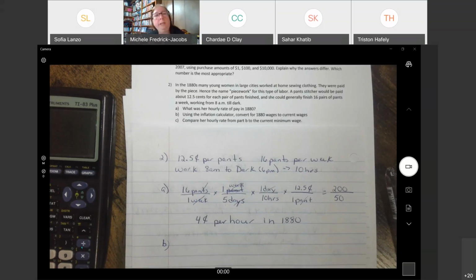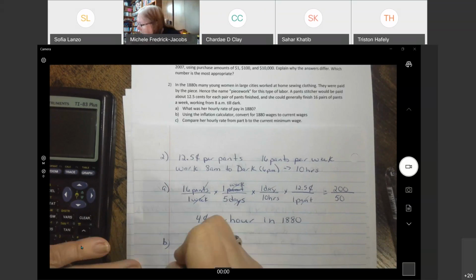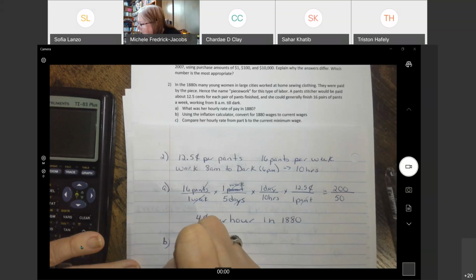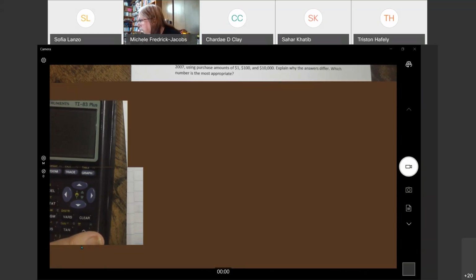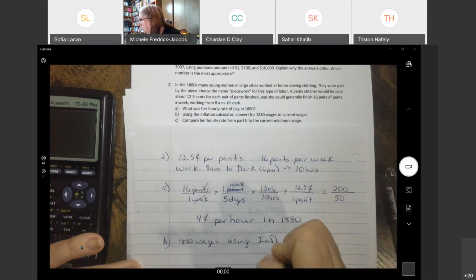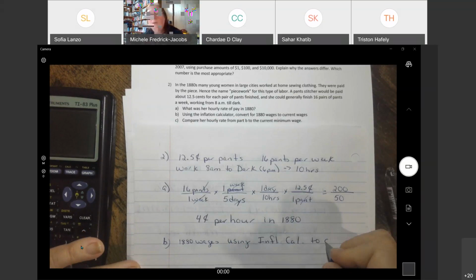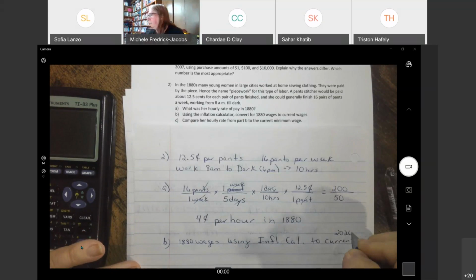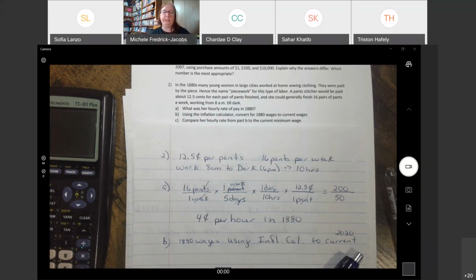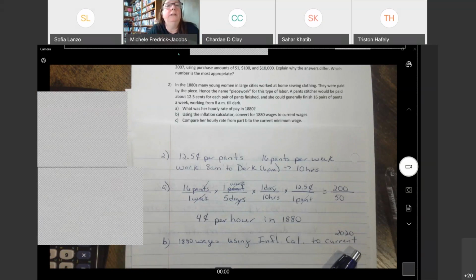Okay, part B. Using the inflation calculator, convert 1880 wages to current wages. Current, so 2020, because nothing's going to have 2021 yet. Okay, now let me bring up our inflation calculator.